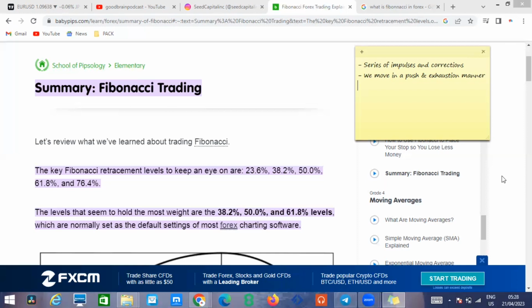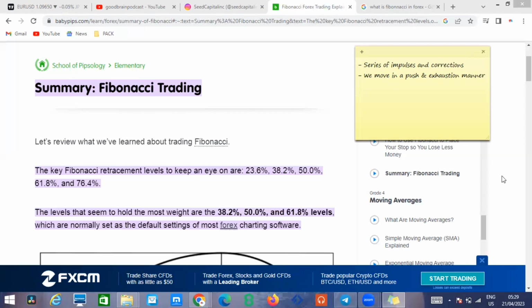Let's review what we've learned about Fibonacci trading. The key Fibonacci retracement levels to keep an eye on are 23.6, 38.2, and 50%, 61.8%, sorry, I thought 50% was the last one, and 76.4%.